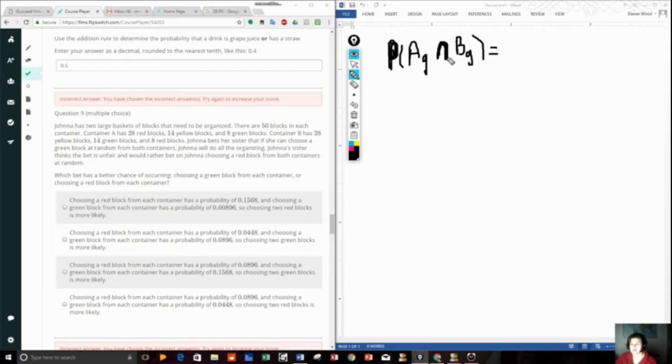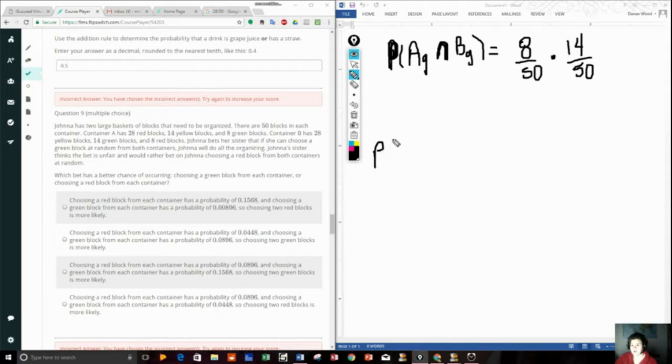There are two things that are happening to determine one event. So we have the probability that you choose a green from container A. That's going to be 8 out of 50 times the probability that you choose a green from container B, which is going to be 14 out of 50.